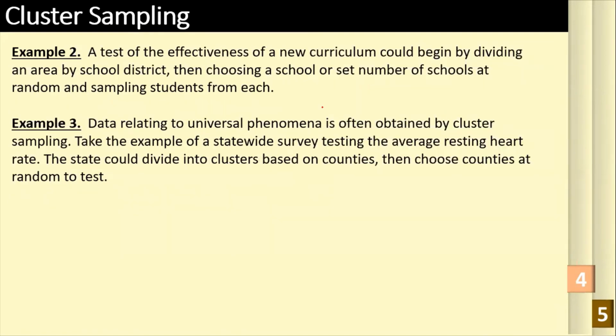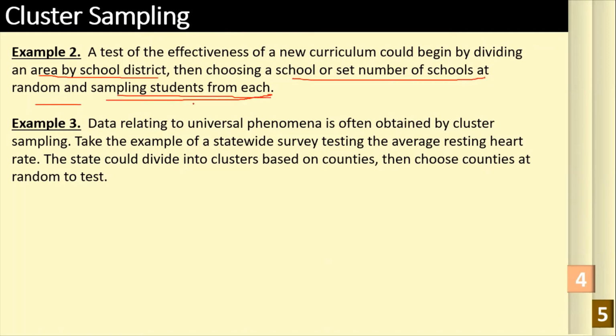So, another example for this case, a test of the effectiveness of a new curriculum could begin by dividing an area by school district and then choosing a school or set number of schools at random and sampling students from each.